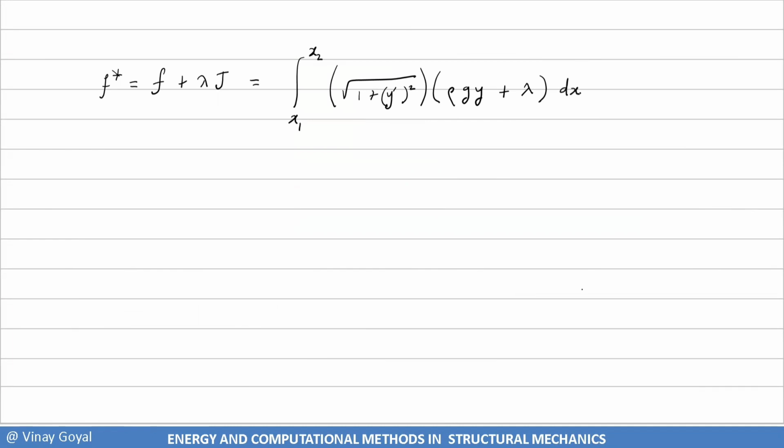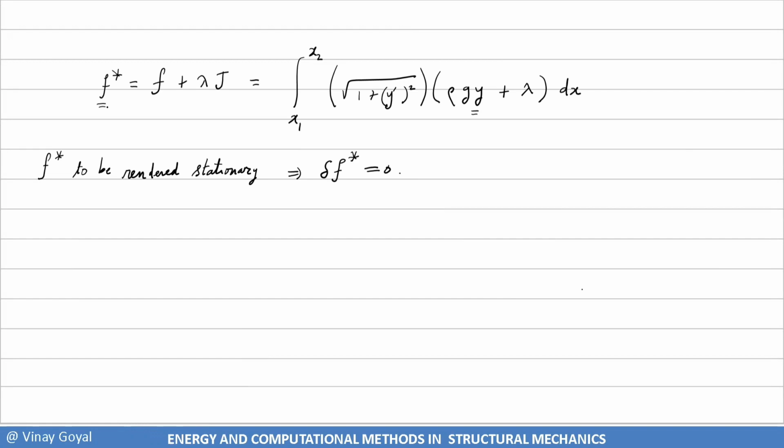What I want to do now is minimize, or render f star stationary, so I need to find the first variation of f star and set that equal to 0. In other words, I'm trying to find the function y that minimizes or maximizes f star. In this case, I'm going to try to render it stationary. It may not be a minimum or maximum, but it needs to be rendered stationary.